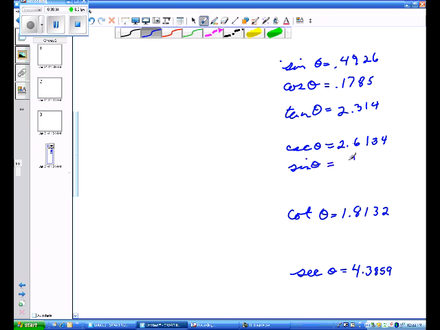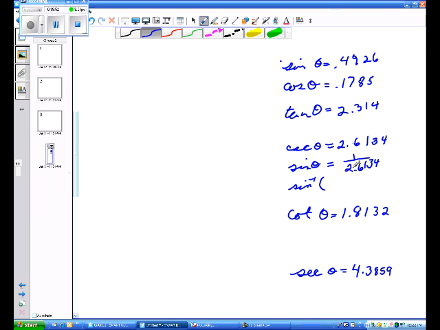The reciprocal of this would be 1 over this. But sine is the reciprocal of cosecant, so we've got our reciprocal here. So we're going to want the inverse sine.